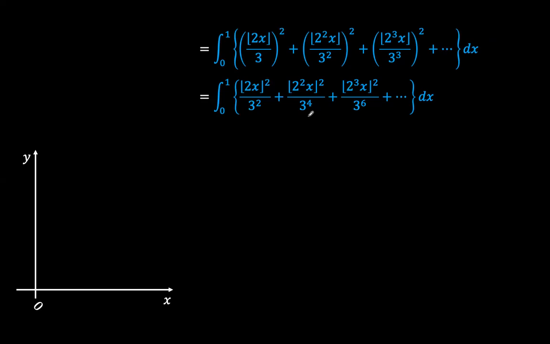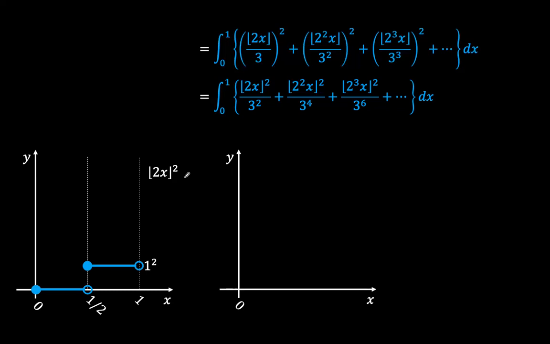For example, if we are looking at the floor function of 2x, squared, and the domain of interest is 0 to 1, then from 0 to half, the lower integer is 0, and so 0 squared is going to be 0. And then from the interval 1 over 2 to 1, we have 1, and so the floor function of 2x squared in the interval half to 1 will be 1 squared.